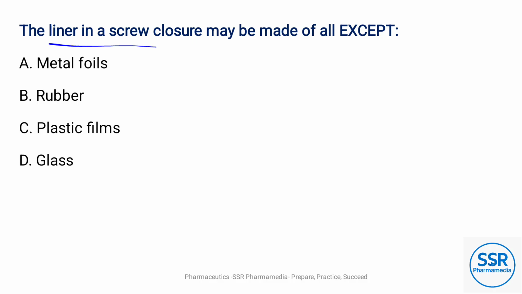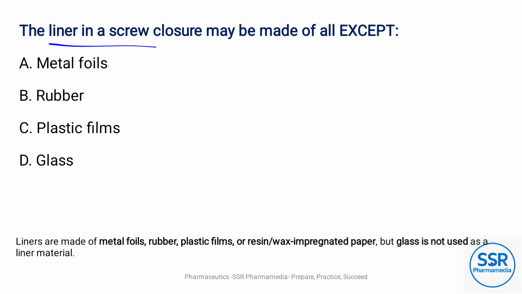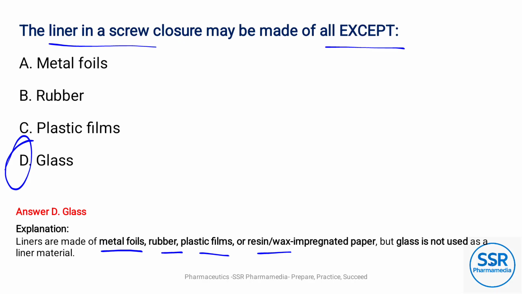The liner in a screw closure may be made of all except: option D is the answer, glass. Liners are made of metal foil, rubber, plastic film, or resin and wax impregnated paper, but glass is not used as the inner material.